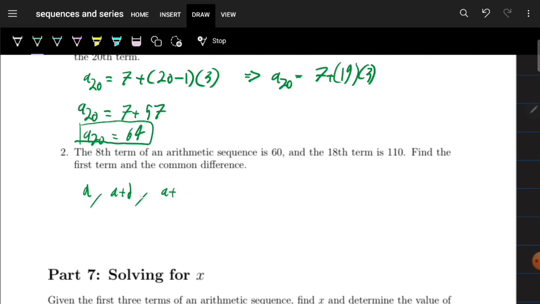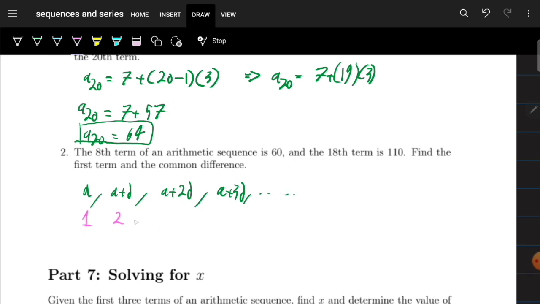The third term is this plus another common difference, so it's A plus D plus D, which is A plus 2D. What is the term after that? It's just this plus another common difference. So what is A plus 2D plus D? Well, that's A plus 3D. And so on.